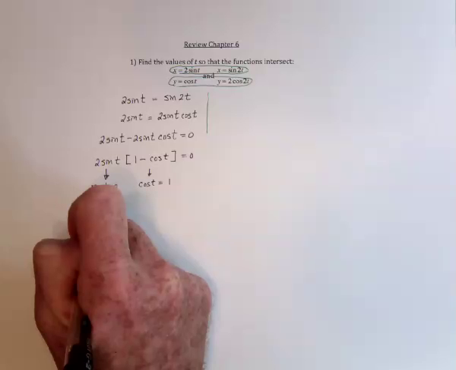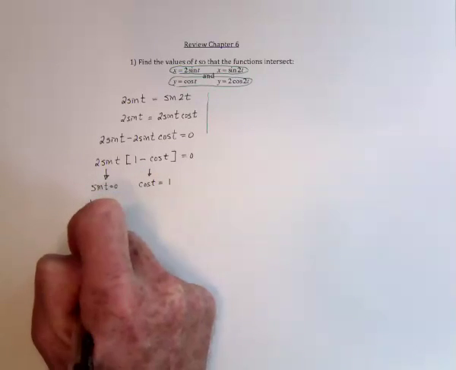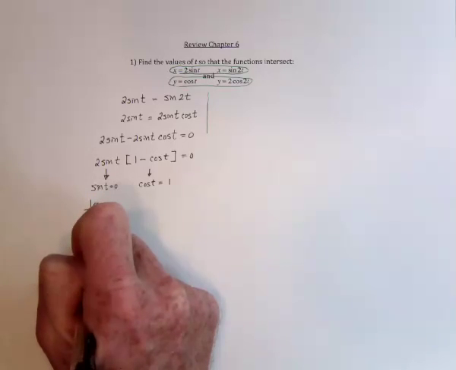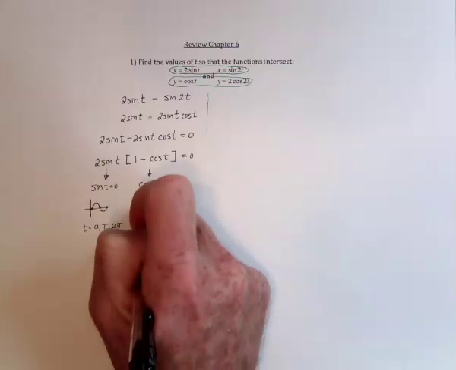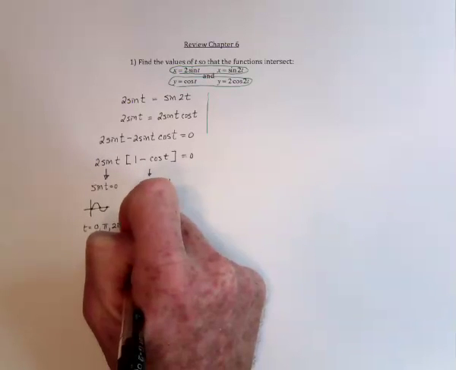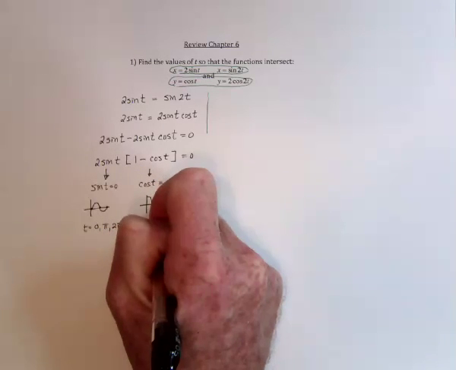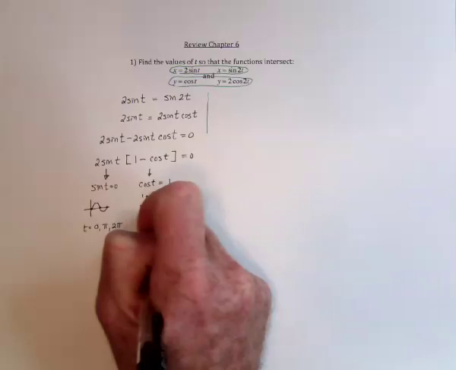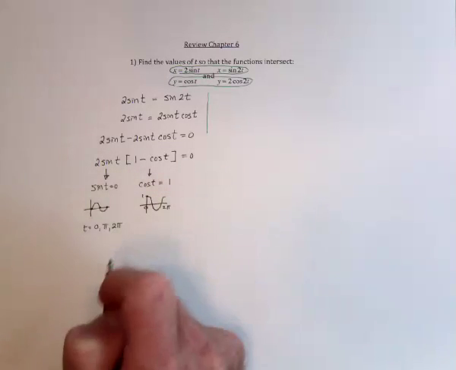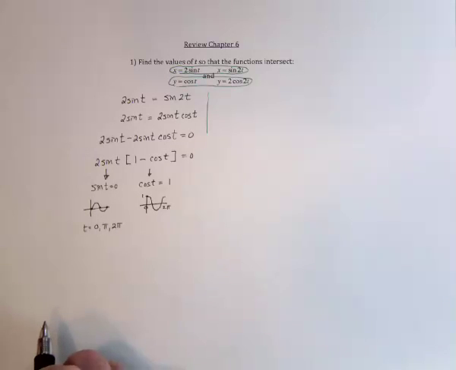So when it equals 0, is at 0 and pi and 2 pi. So t equals 0, pi, 2 pi. And then this one says, as well, when cosine equals 1, that's at the top. So that's at 0 and 2 pi, which actually is not new information. I already have that, so thanks, cosine.